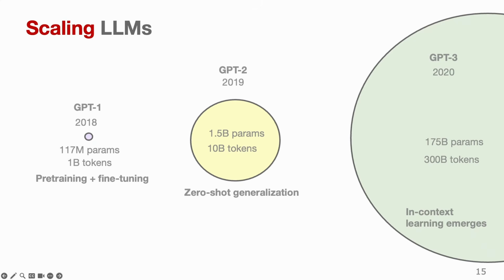And then we started to see zero-shot generalization, where the model starts being able to perform tasks that it was not explicitly told to do, because it has learned enough kind of structure of the world through text, right? And then in GPT-3 in 2020, with 175 billion parameters and 300 billion tokens, you have this phenomenon where in-context learning emerged, right?